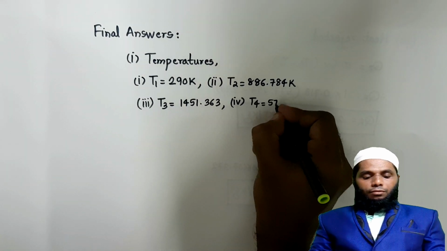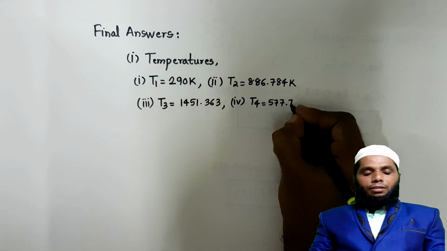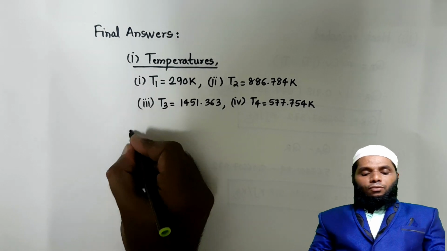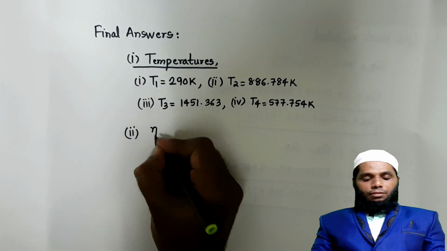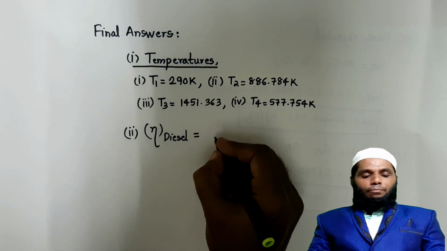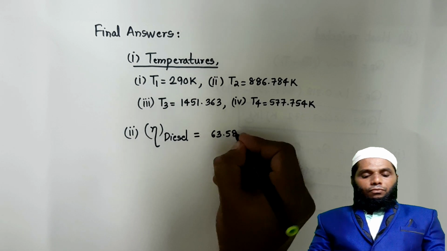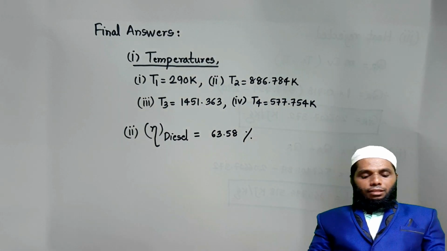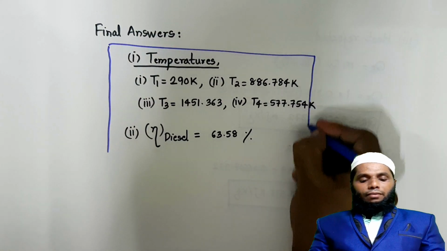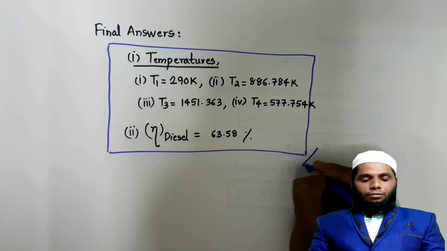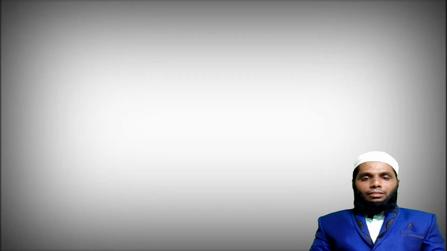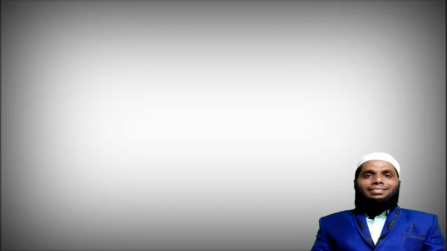And last one, that is temperature at point number 4, T4, that we have 577.275 Kelvin. So these are the values of temperatures. Then second, we have found efficiency of diesel cycle, which is 63.58 percent. So in this way, we have determined temperature at all salient points as well as efficiency of cycle.